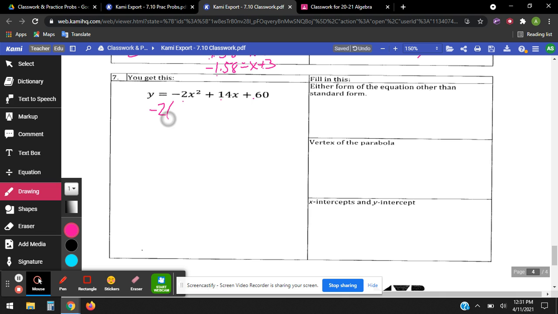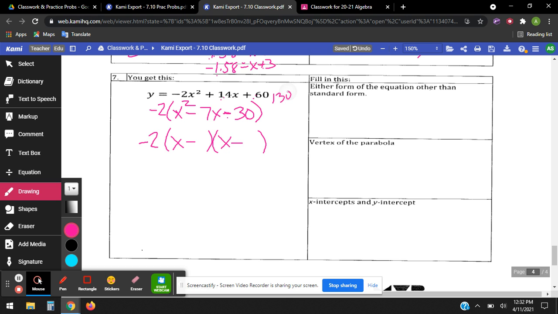So if I take a negative 2 out of each of these, that's negative 7x, and negative 30. Okay, so now I've got to figure out what factors of 30 subtract to get 7?